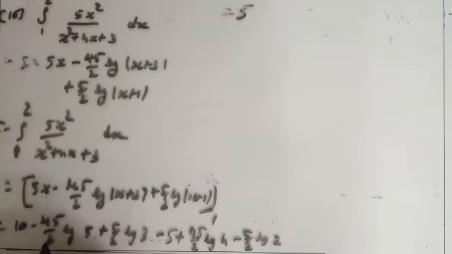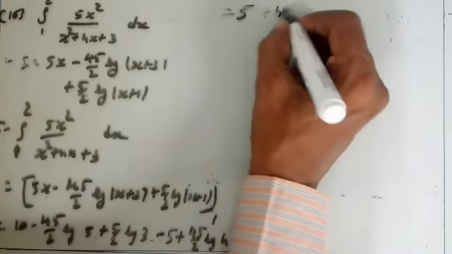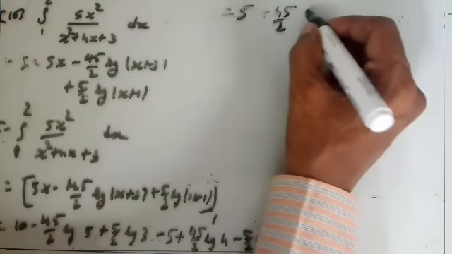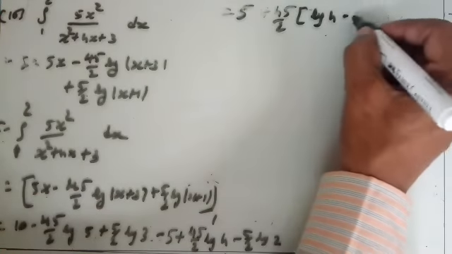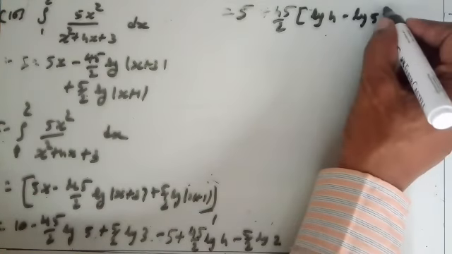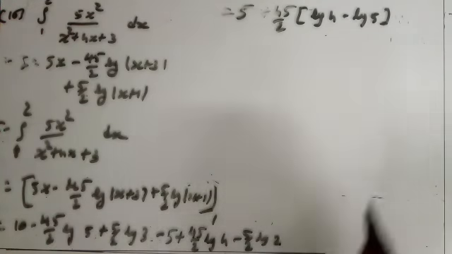Here minus 45/2 log 5 plus 45/2 log 4. So plus 45/2, take common. So here we get log 4 minus log 5. Okay, and 5/2 log 3 minus 5/2 log 2.